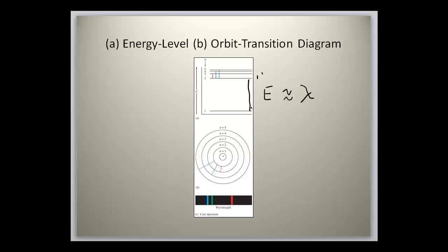So if the energy is different between those jumps, the wavelength would be different, which means the color of light would be different. So if an electron in the second energy level fell to the first energy level, it would emit a certain energy of light at a certain wavelength or color.